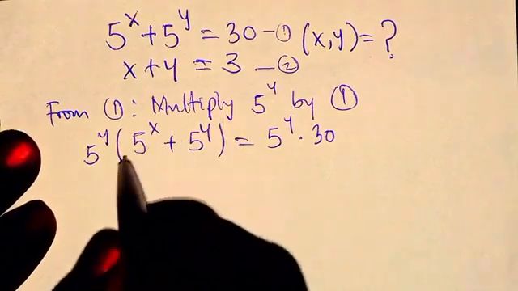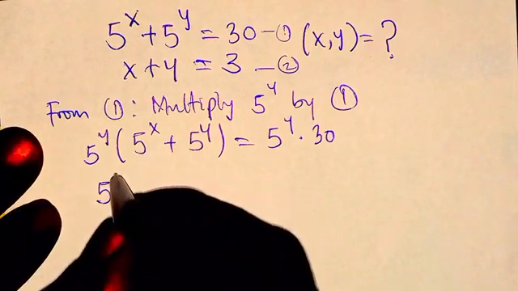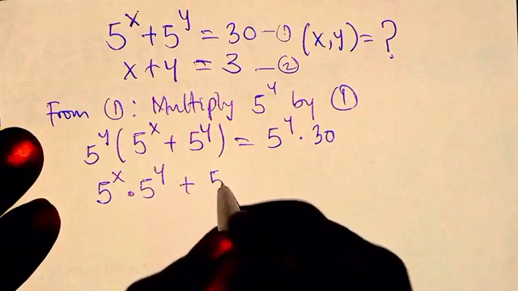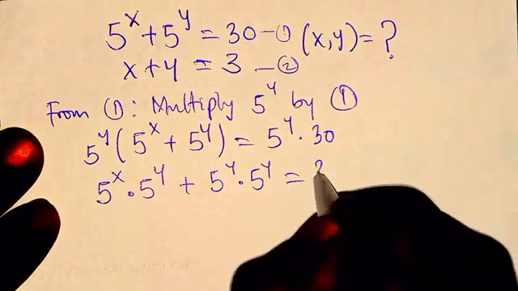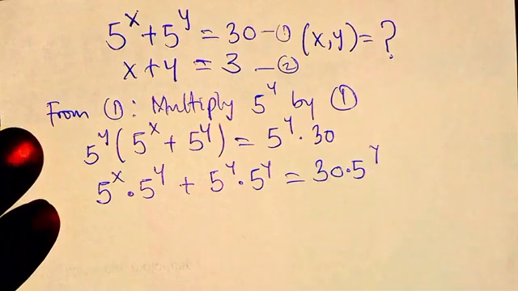If I open the bracket, I'm going to be having 5 to the power x times 5 to the power y, plus 5 to the power y times 5 to the power y, equals 30 multiplied by 5 to the power y.